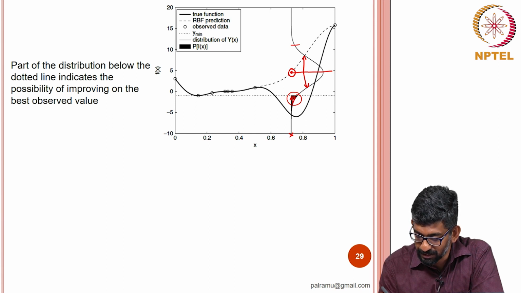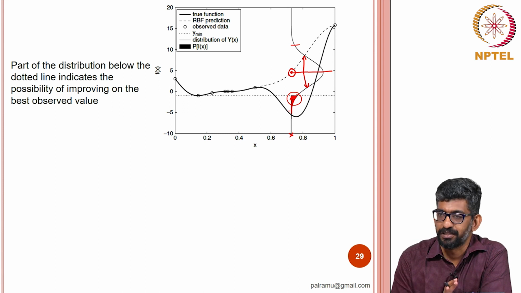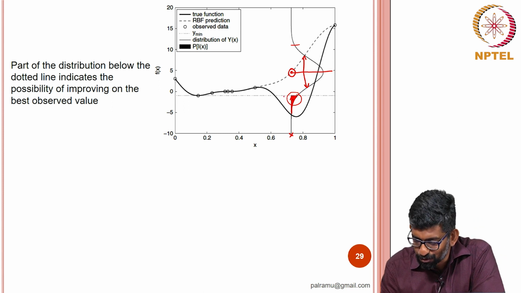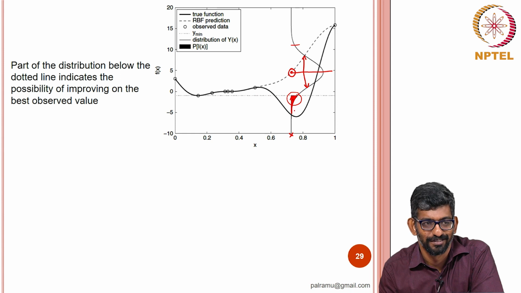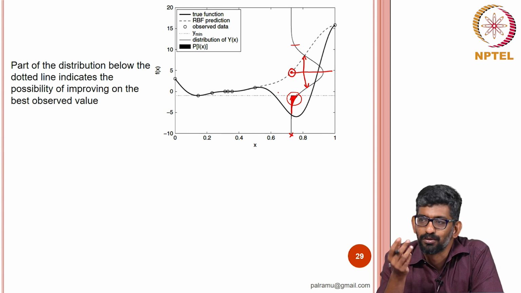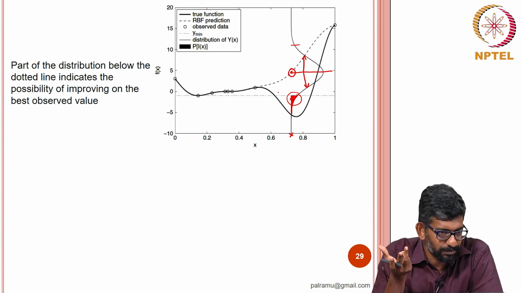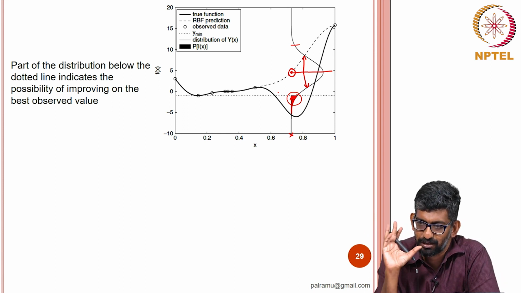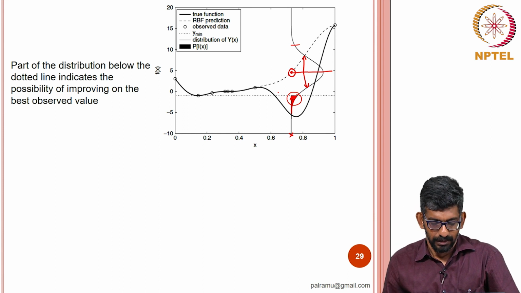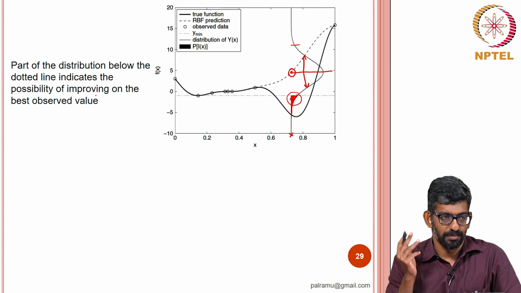This shaded region tells you the probability of improvement, because this point should go lower than this line. What are the chances? Only this much is your chance. If that probability was very low, I would rather not invest. That again depends on the application, how expensive your simulation or your experiment is. The part of the distribution below the dotted line indicates the possibility of improving on the best observed value.